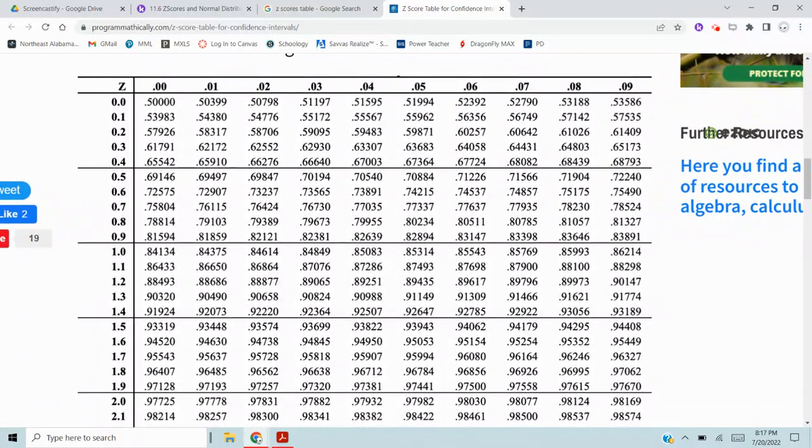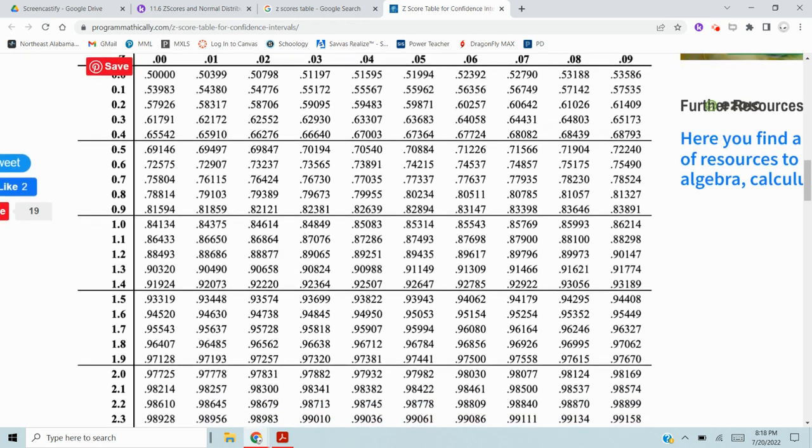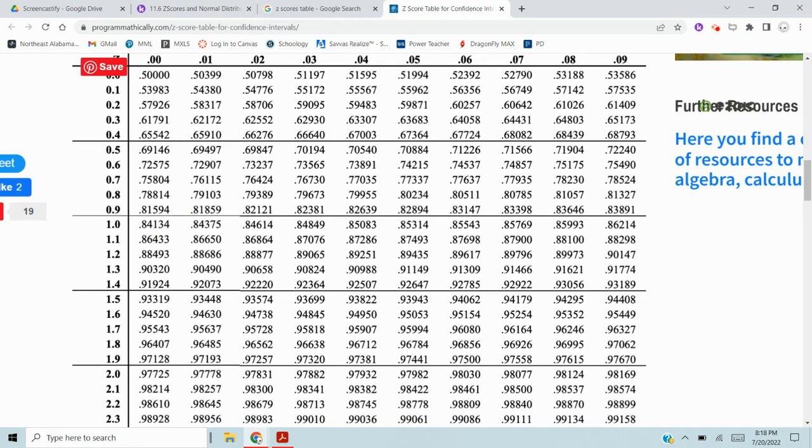I want to point out, notice 0.0 right here. Just look at the first column to begin with. At 0.0, 50% of my probability is lower than 0.0 because 0 is right in the middle. Go down to a standard deviation of 1 right here. 84% of my values are below 1.